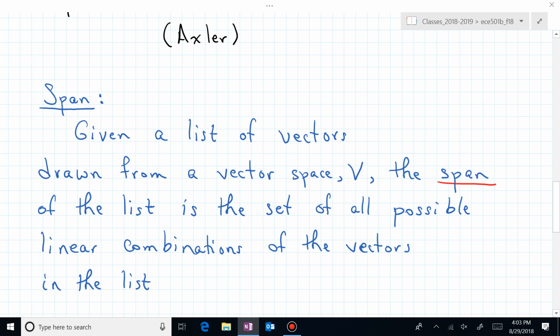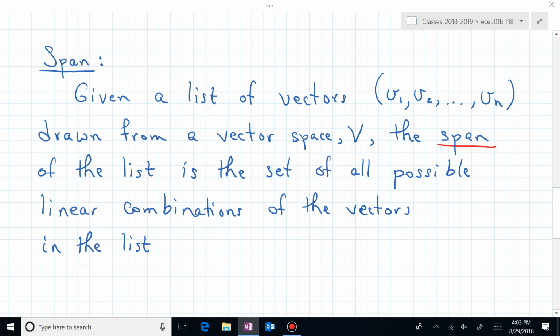Given a list of vectors, let's say that vector list is v1, v2, up to v sub n, and that list of vectors is drawn from a vector space, then what we refer to as the span of that list is really representing the set of all possible linear combinations of the vectors in that list.